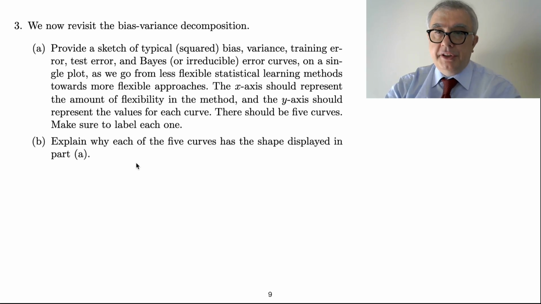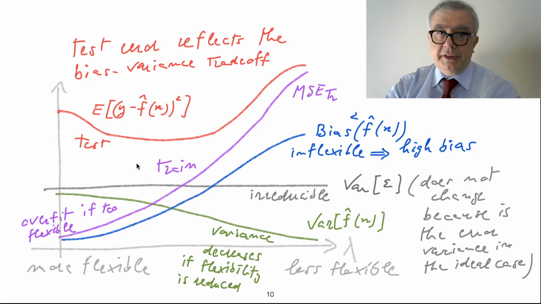This is similar to another exercise that we had already discussed. Anyway, this is the plot. Here I'm using lambda, the shrinking parameter, and for lambda equal to 0, I'm not performing any regularization, so this is more flexible. As lambda increases, this becomes less flexible.